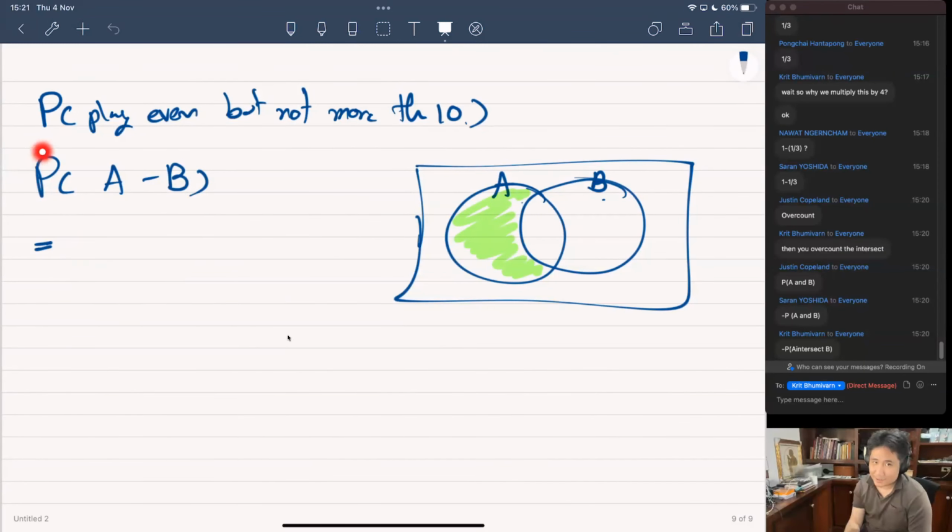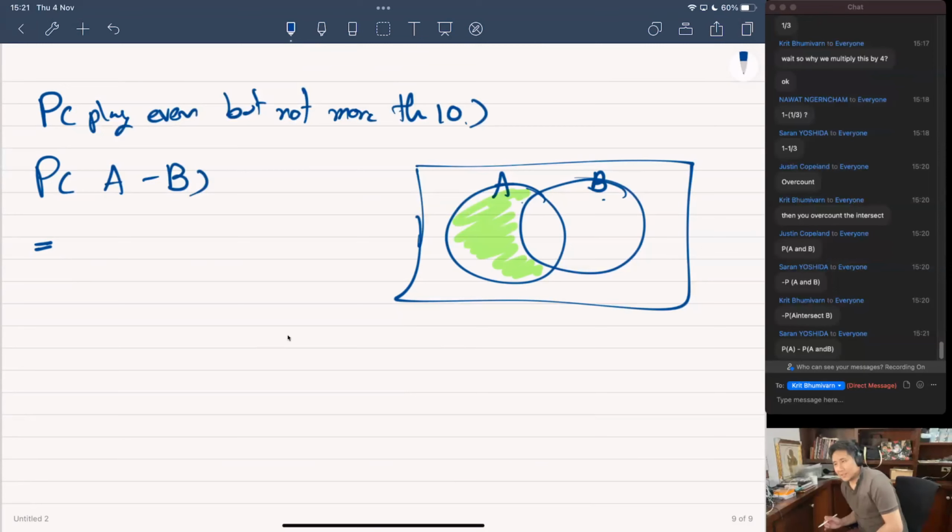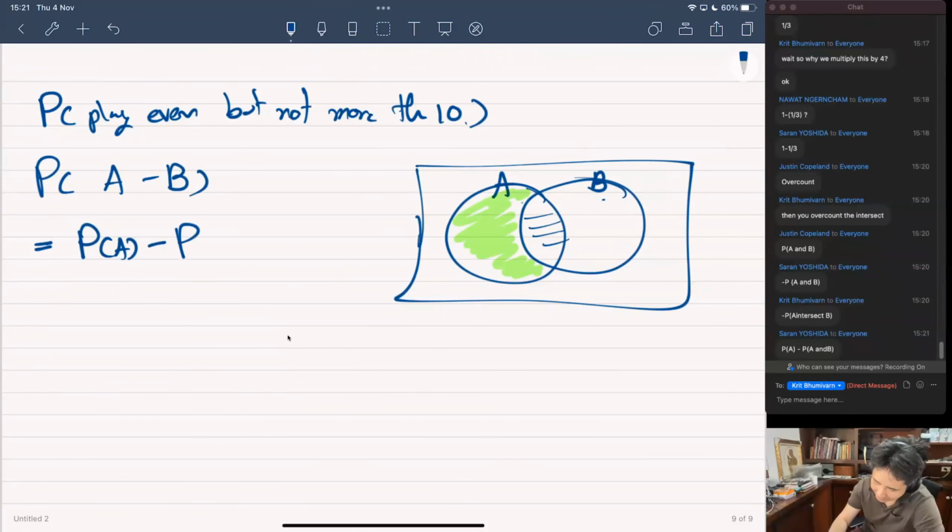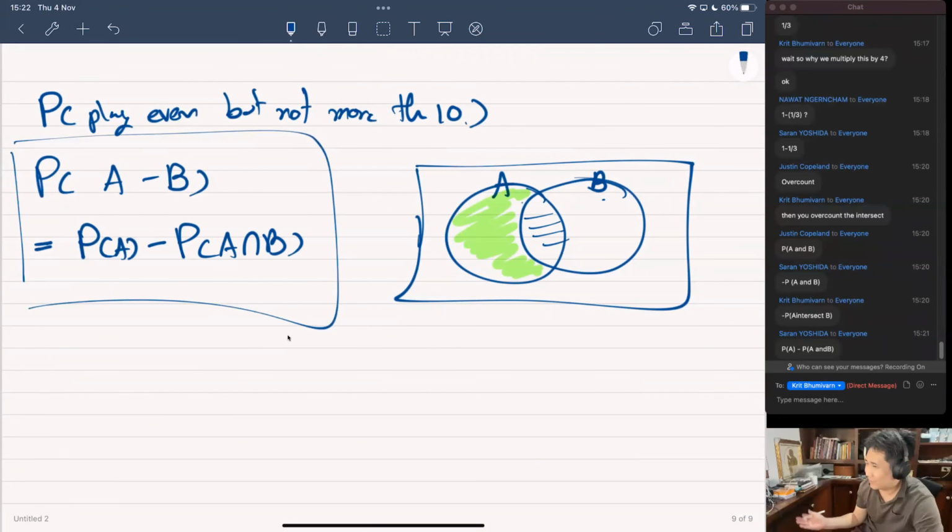So what is this equal to? Good. You can start with P of A, and then you subtract the thing that you don't want to count. That's another rule. And do I ask you to memorize all these rules? No, because you can draw it and get it in 5 seconds. Just draw a picture, then you're going to see what you need.